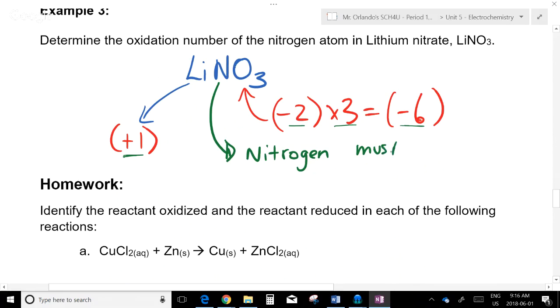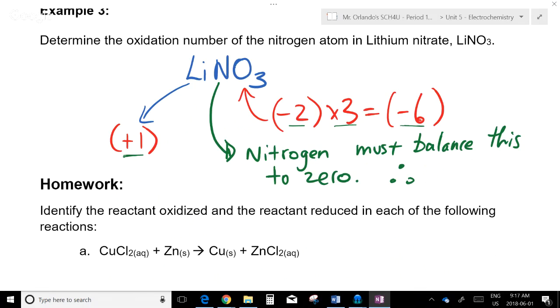Nitrogen must balance this to 0. Therefore, what is nitrogen's oxidation number? +5. You got it. Very good. It has an oxidation number of +5 because this thing has to balance out to 0. Does that make sense?